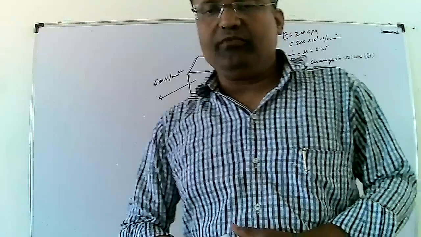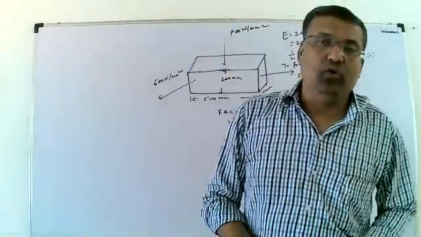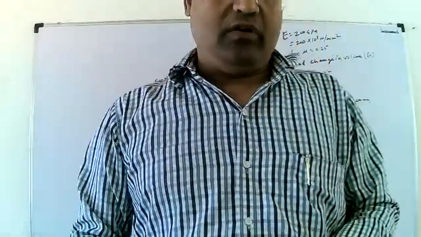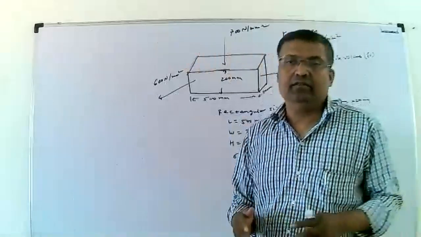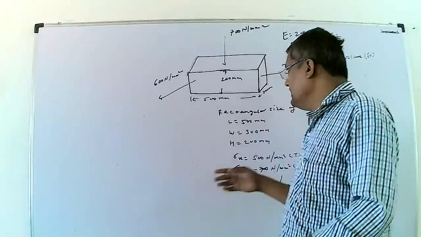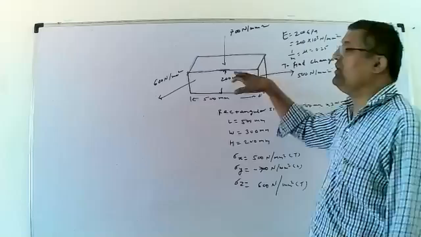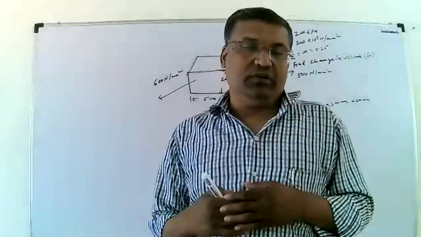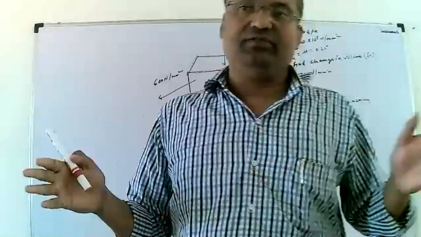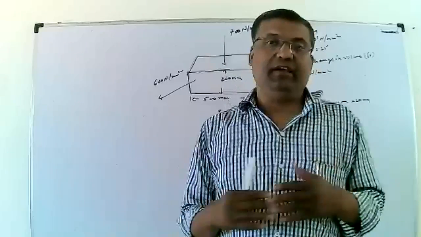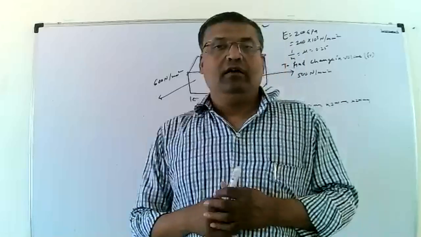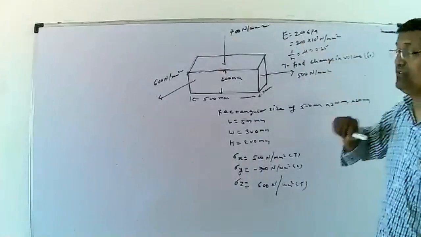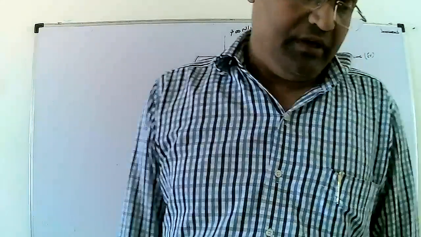In this block diagram, we need to find out the change in volume, that is delta V. A rectangular block having length, width, and height of 500 mm, 300 mm, and 200 mm, which is subjected to stresses induced in three different directions, along x, y, and z direction. E is given, Poisson's ratio is given, and we need to find the change in volume.